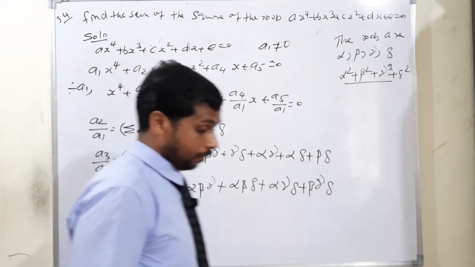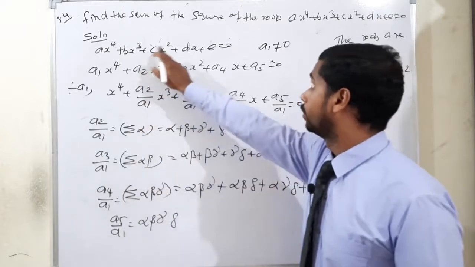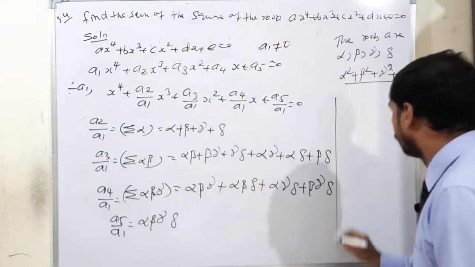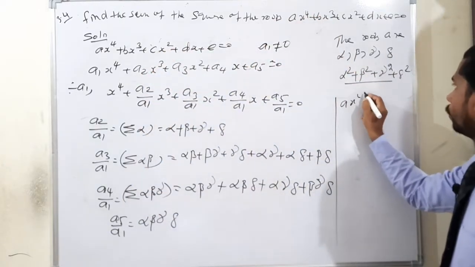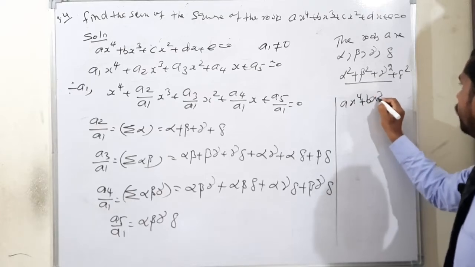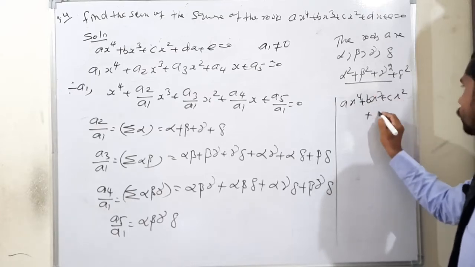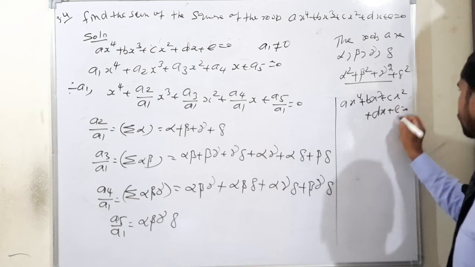Now, what is the given question? Ax to the power 4 plus bx cube plus cx square plus dx plus e is equal to 0.